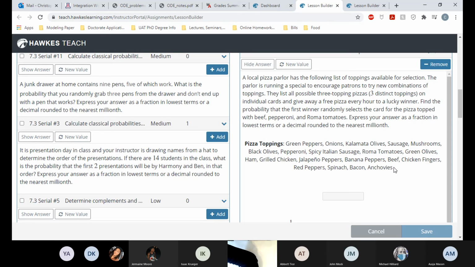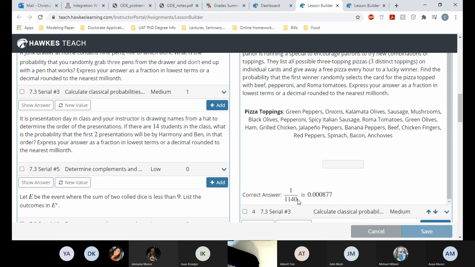No, order does not matter for pizza toppings. So we'll do 20 nCr 3, and we'll get 1,140, which fingers crossed is what the answer was. And it is. Well, it's not the complete answer. What I mean is it's the denominator of the answer. It's the size of the sample space.